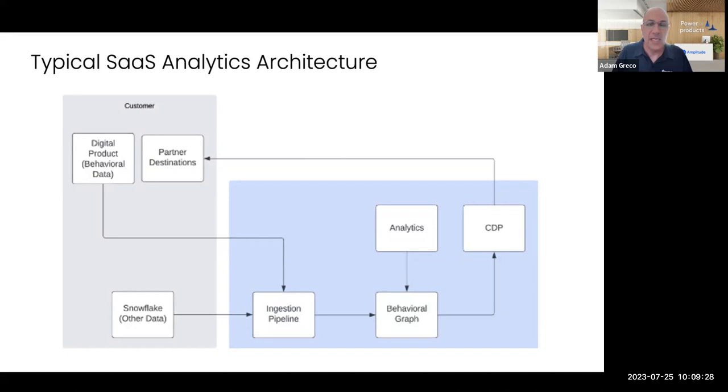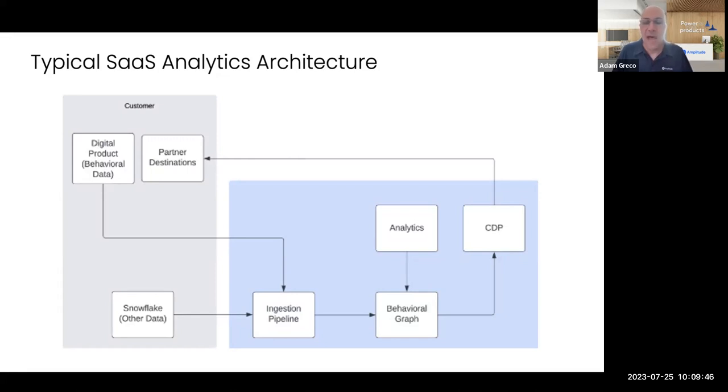So people would take all their Adobe data and Google data and also send it to a warehouse that they have internally. That could be Redshift. Nowadays, a lot of people are using Snowflake and so on, or GCP.